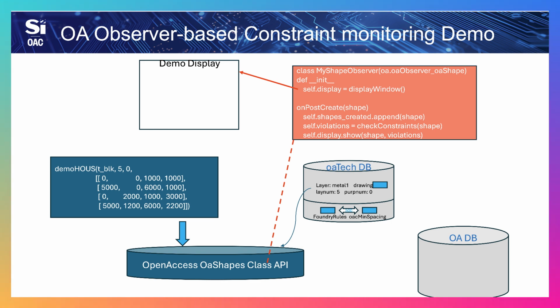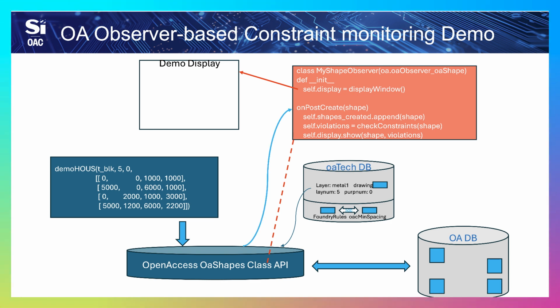And then OA creates 4 shapes. After each shape is created, OA notifies our onPostCreate method in myShapeObserver. It does that 4 times.